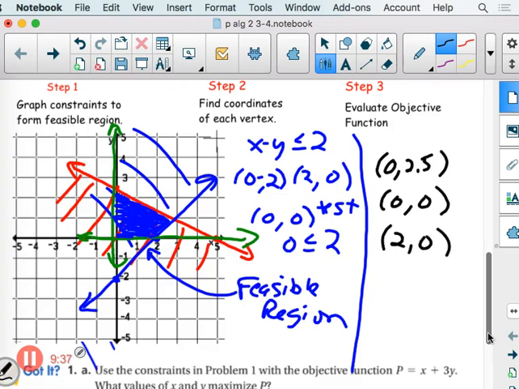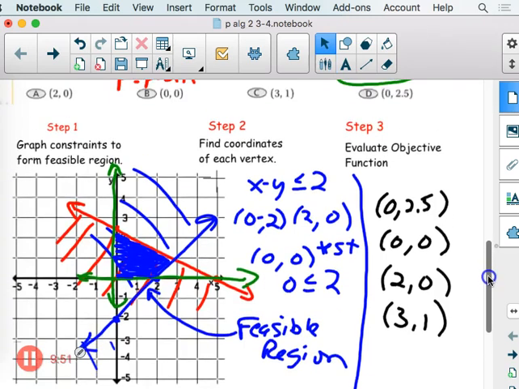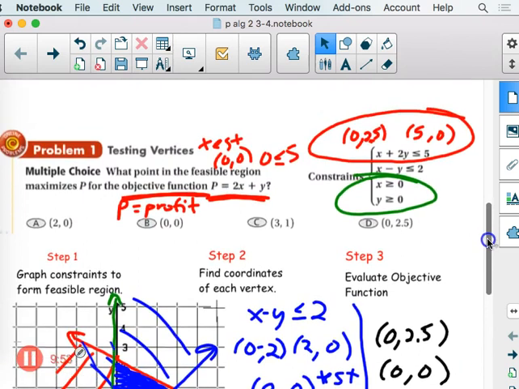Or up here at what looks like 3, 1. Now, since I said up here at what looks like 3, 1, I would want to check that point in my inequalities and make sure that it works for both. So I'm going back up here and I'm going to put 3 and 1 in for x and y, and I want to make sure that I get what's on the other side.